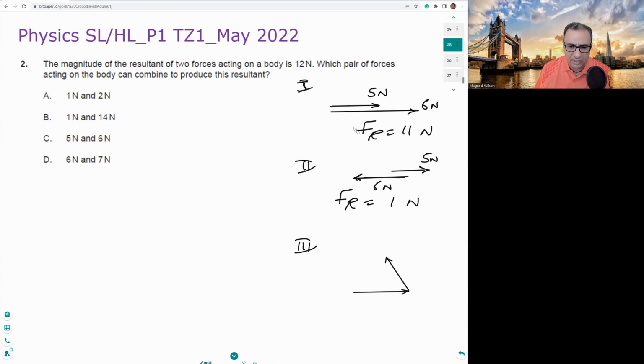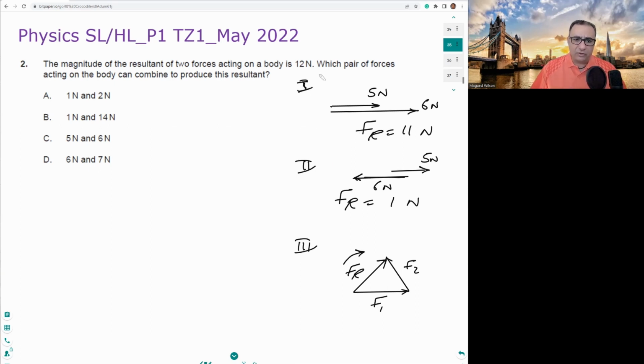So let's say this is F1 and this is F2. By vector addition, you can say the resultant force will be the vector that would close this triangle, but in the opposite direction. So this will be the resultant force.